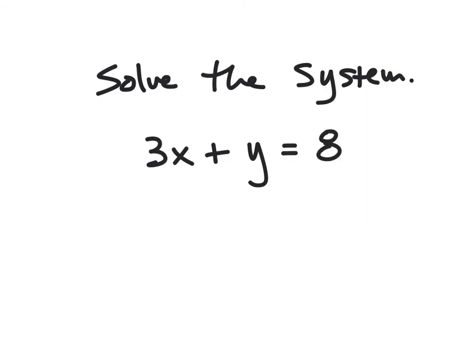And guys, I'm making these numbers up so they might be fractions. Sorry. 2x minus 2y equals 16. Okay? You can use elimination. You can use substitution. Give it a shot.